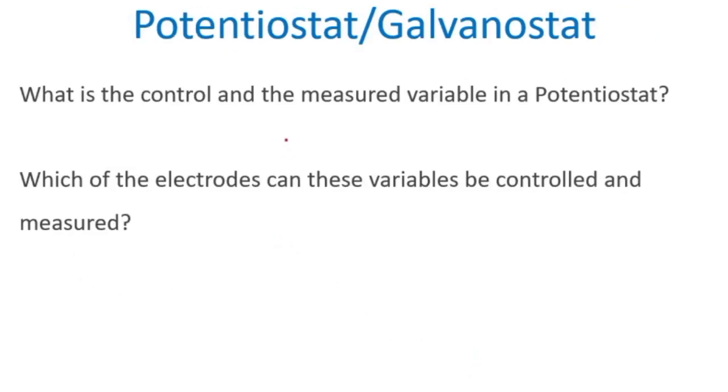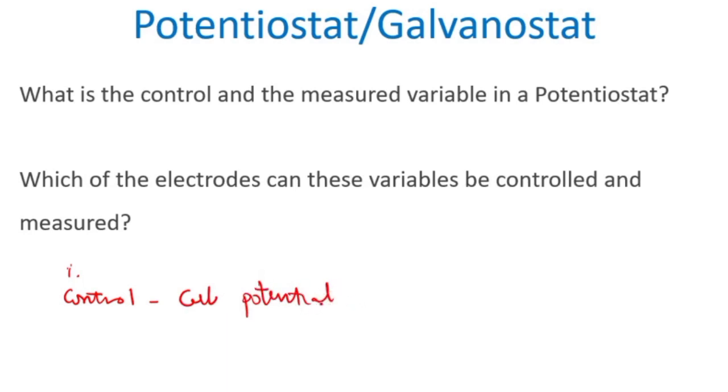Now, there are some questions for us to answer here, which are very important. For the potentiostat, what are the control and the measured variables? For question number 1, the control variable in a potentiostat is the cell potential, which is the voltage difference.